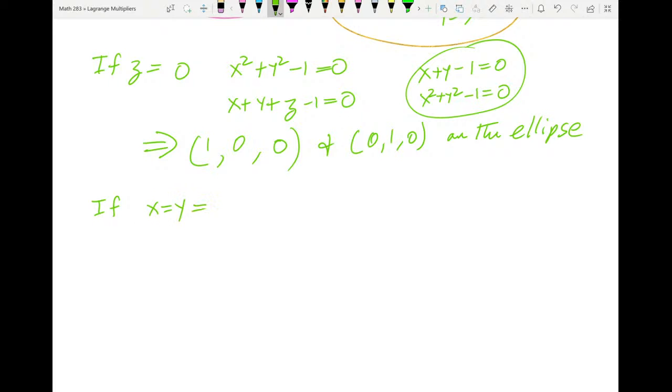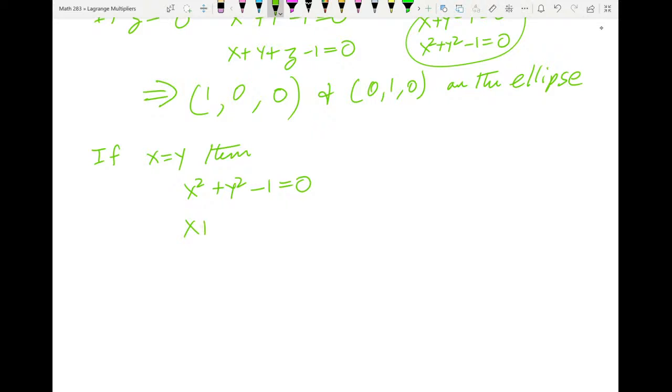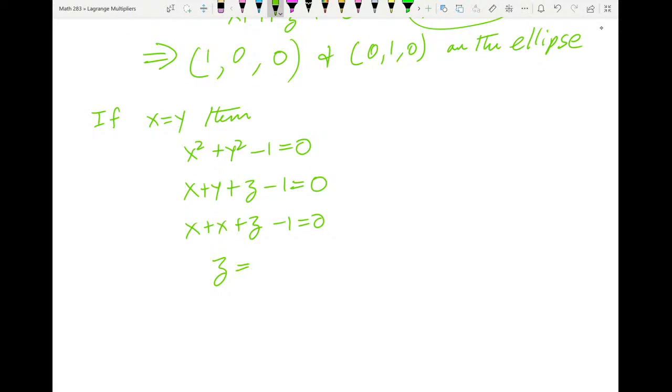But if x and y equal each other, then what happens? x squared plus y squared minus 1 equals 0, and x plus y plus z minus 1 equals 0. Then right over here you get what? x plus z minus 1 equals 0, which gives z equals what? 1 minus 2x.